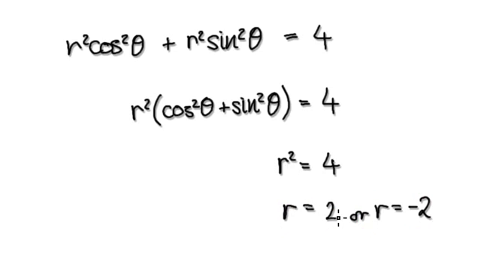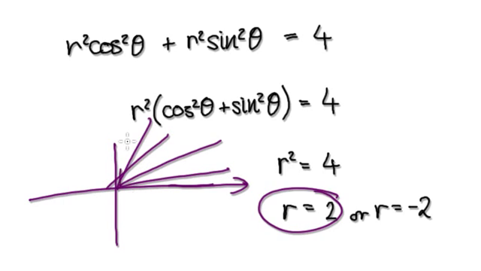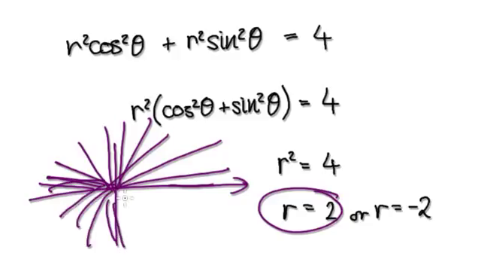When you try and draw this, it will give you the same thing, because if you try and draw this, you've got your grid here. Well, theta starts here. So theta will move around like this. By the time it gets to pi, and then it gets to 2 pi.